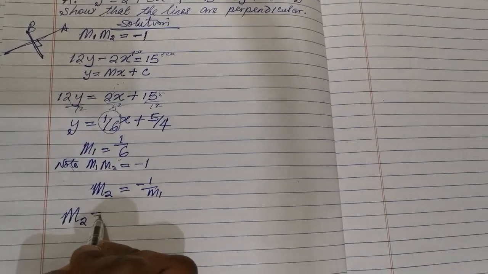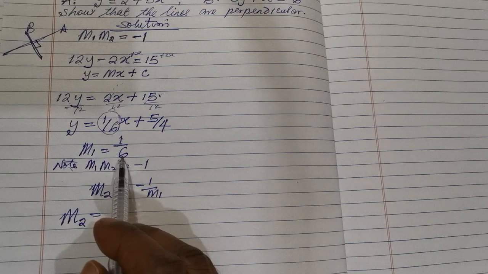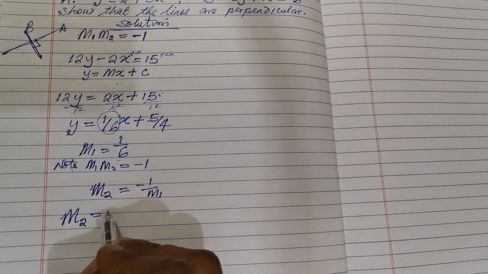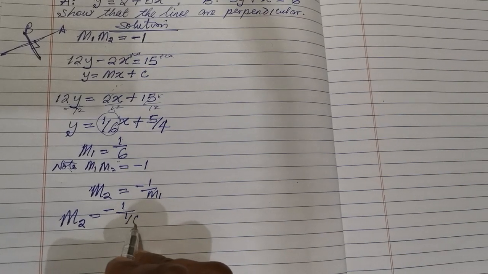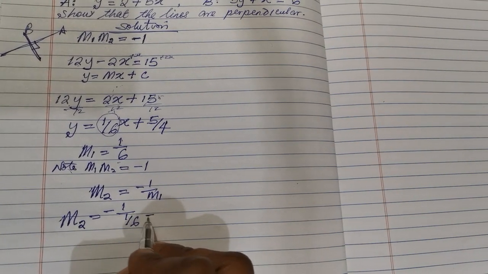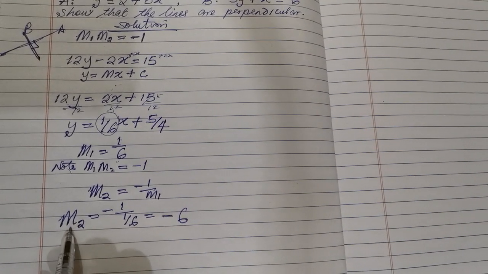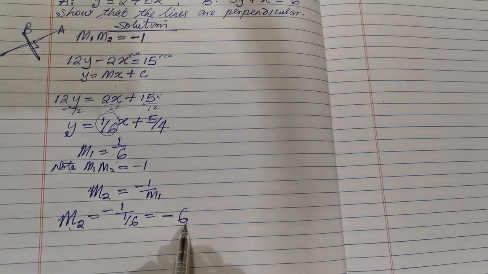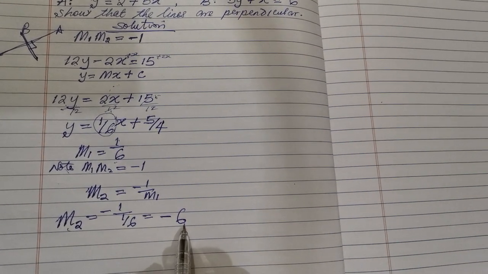Since my m1 is 1 over 6, my m2 will be minus 1 divided by 1 over 6. You use a calculator, you see that it should be minus 6. That means that my m2 is minus 6, and minus 6 is the perpendicular gradient.